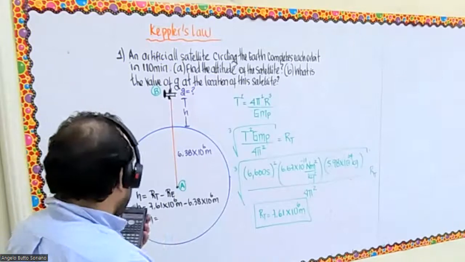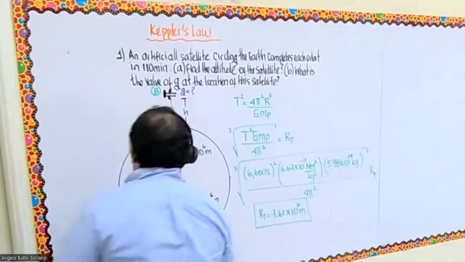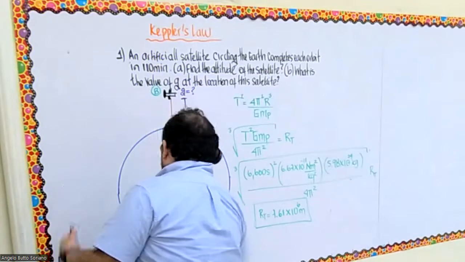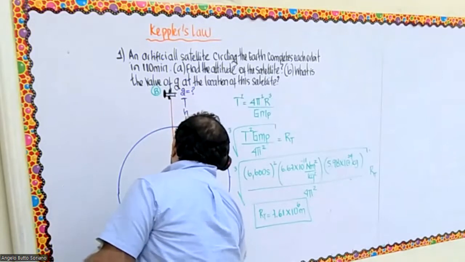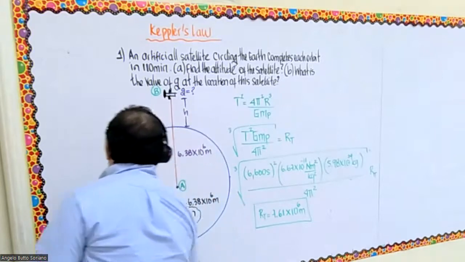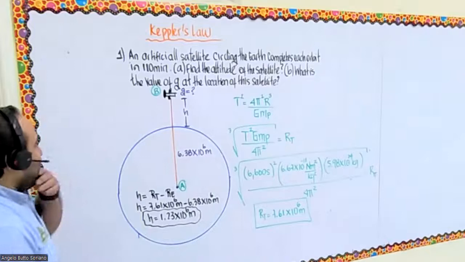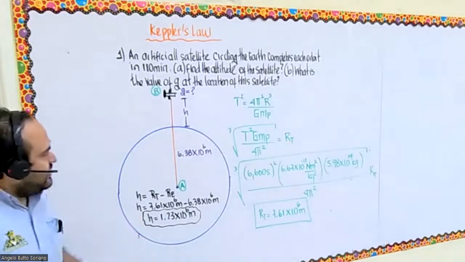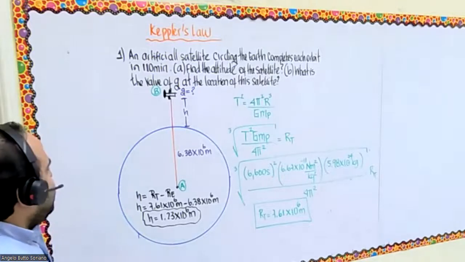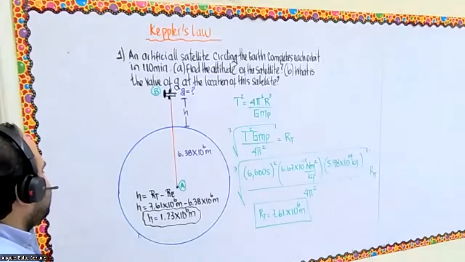The answer will be 1.23 times 10 to the 6th power meters. And this is going to be the solution, at least for the first question. The first question was, what will be the value of the altitude of the satellite?